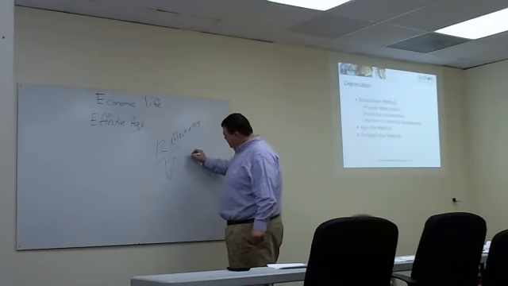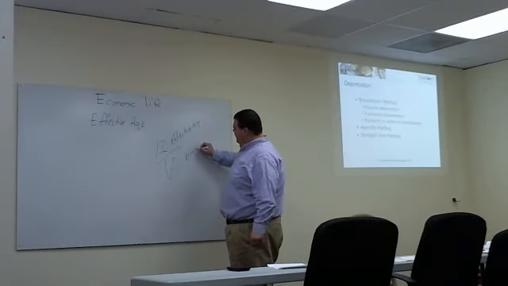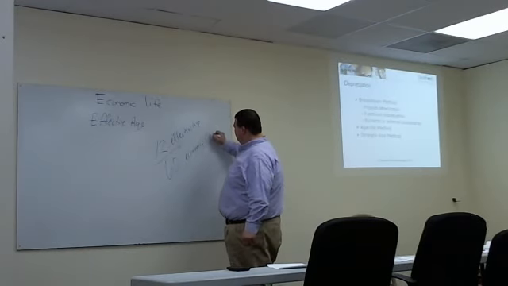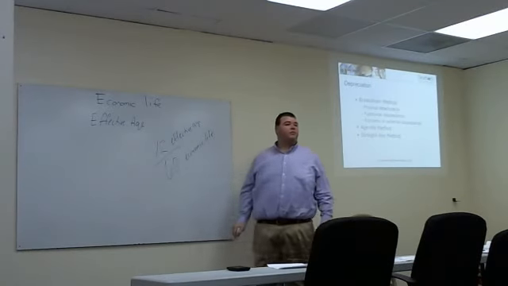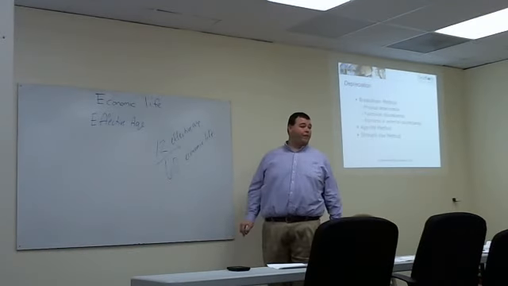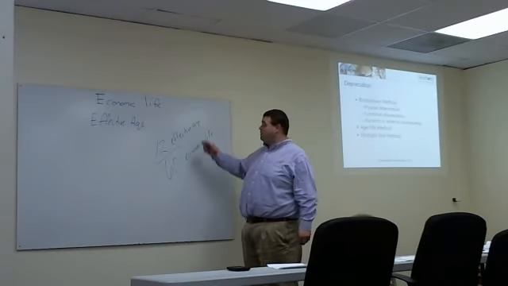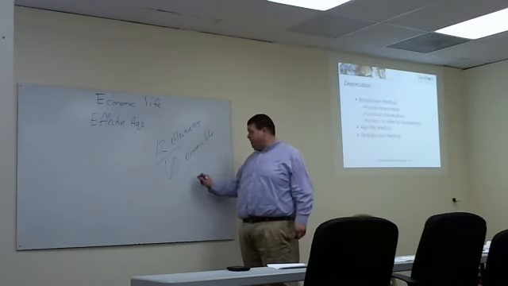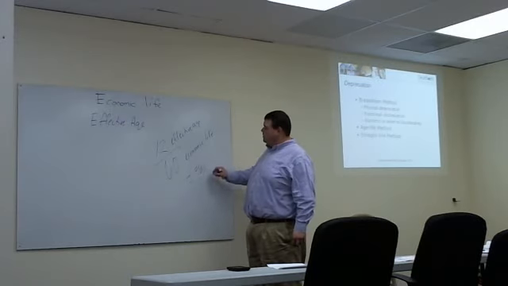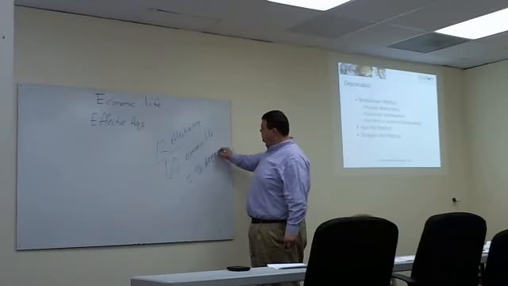Effective age, economic life. Everybody got that? And if you wanted to really make it into a math equation, the effective age divided by the economic life, that equals your percent depreciated.